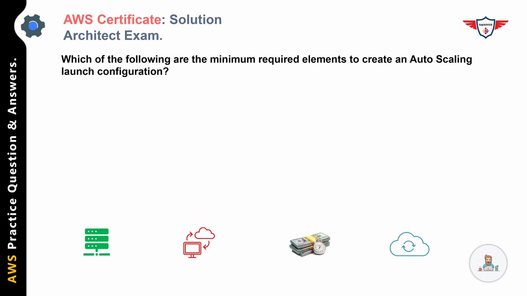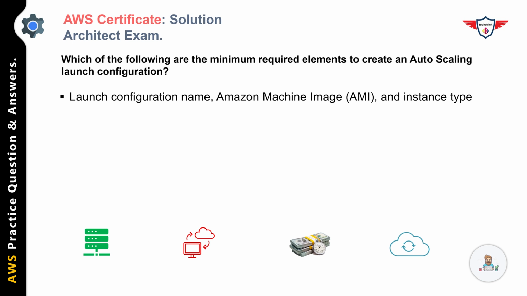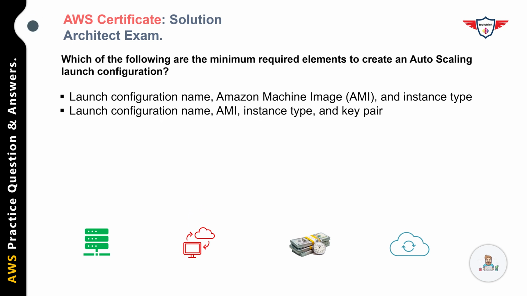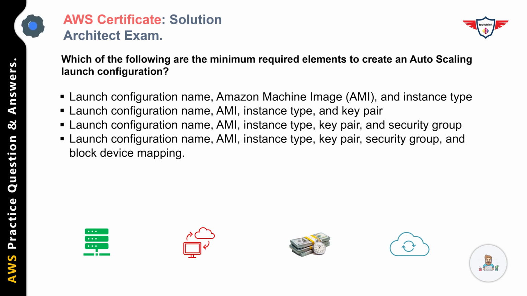Which of the following are the minimum required elements to create an auto-scaling launch configuration? Your options are launch configuration name, Amazon machine image and an instance type; launch configuration name, AMI, instance type and key pair; launch configuration name, AMI, instance type, key pair, and security group; and the last one is launch configuration name, AMI, instance type, key pair, security group, and block device mapping.